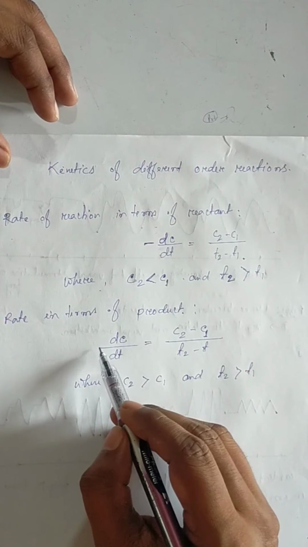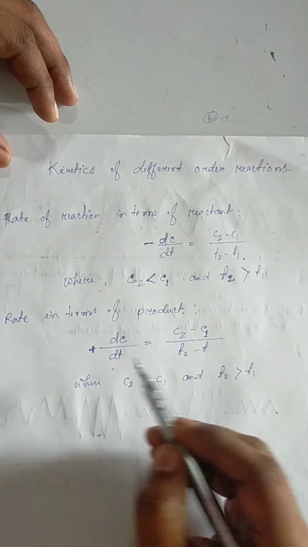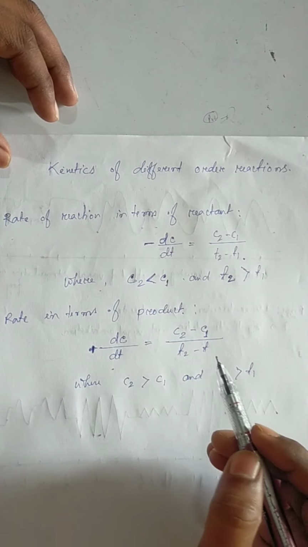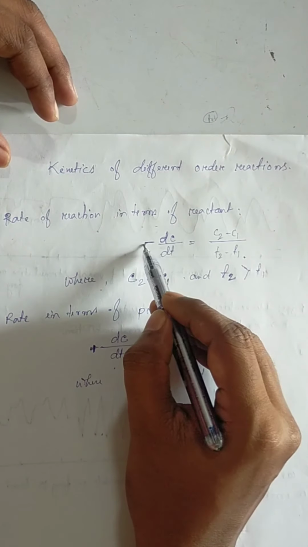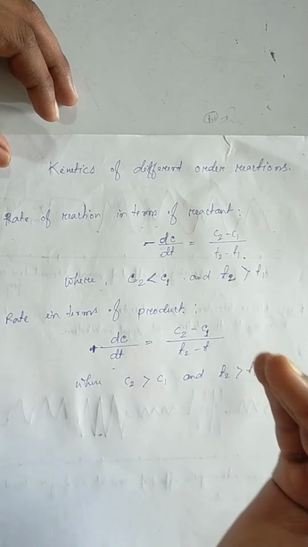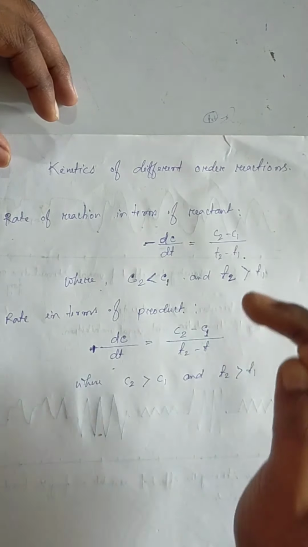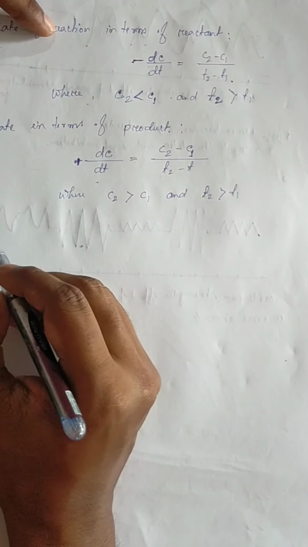That's why it will be positive. Here there is a positive sign. So the positive sign defines that the amount of product is increasing, and the negative sign defines that the amount of reactant is decreasing.